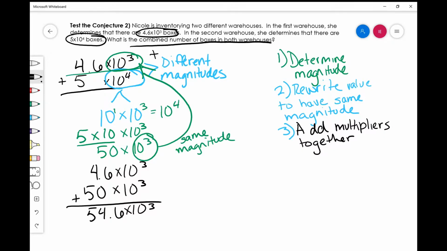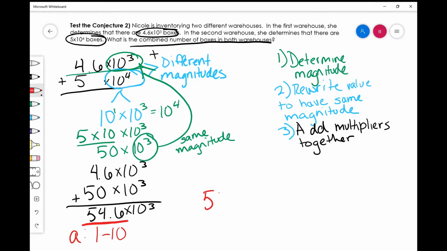Let's look at our answer. If I have 54.6, what is our rule for writing things in scientific notation? Our multiplier A needs to be between 1 and 10. So what can I do in order to get this into proper scientific notation?